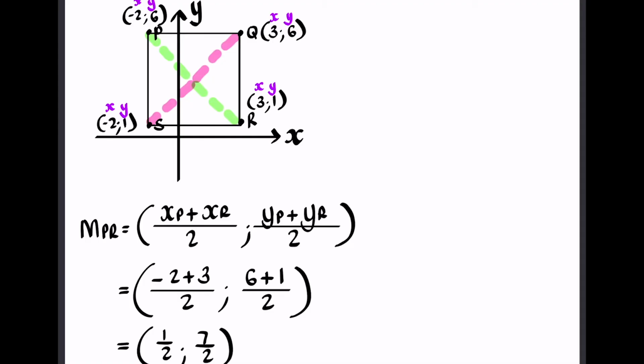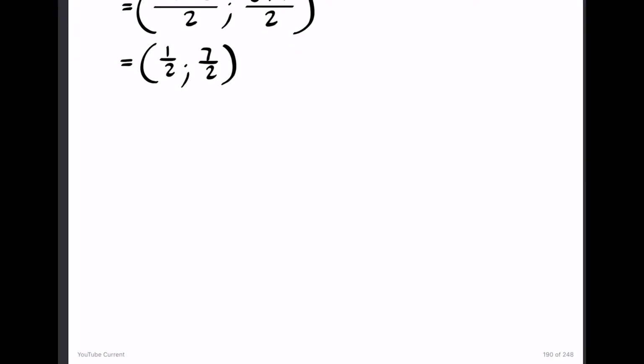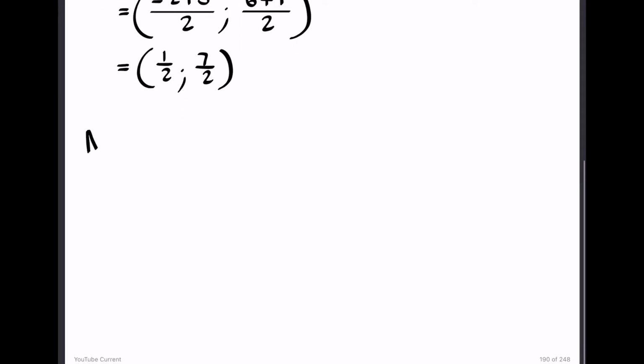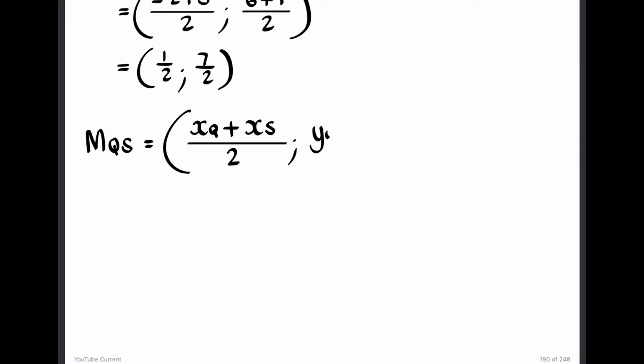Now we're going to calculate the midpoint of QS. And that's going to be the x of Q plus the x of S divided by 2, and the y of Q plus the y of S divided by 2 as well.